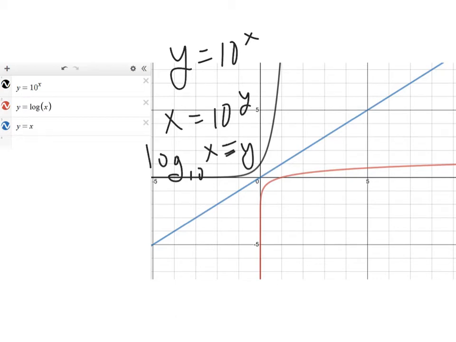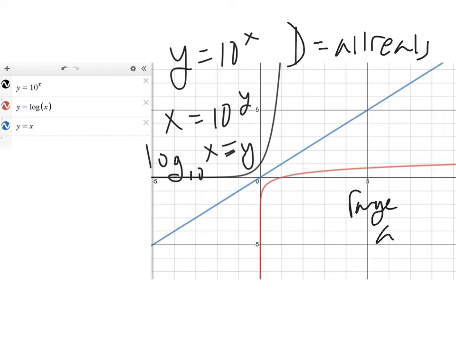What else do I want to do? Oh, I know. I want you to make sure exponential functions have horizontal asymptotes. Log functions have vertical asymptotes. And that kind of makes sense if the domain of 10 to the x is all reals, and that new range, remember we switch x and y, so the range for the log function is all reals.